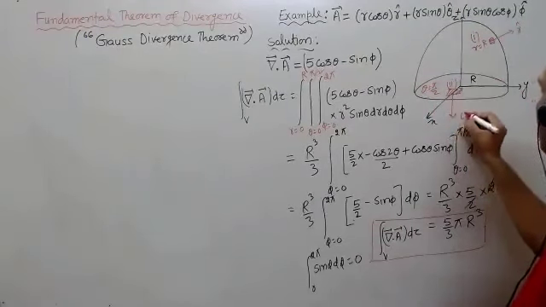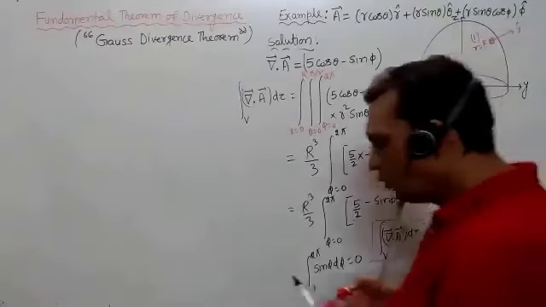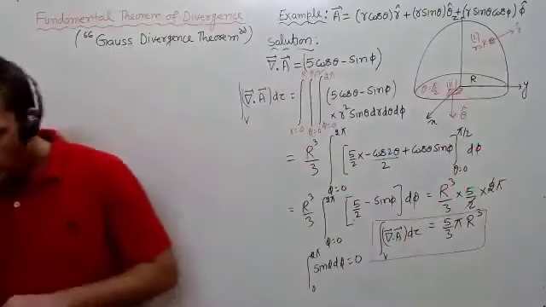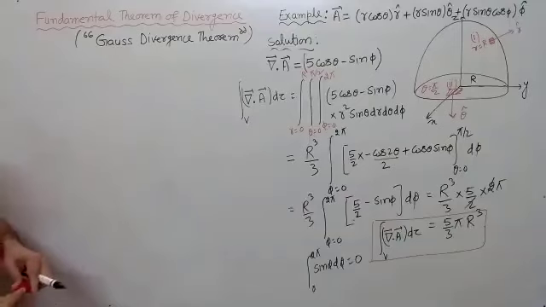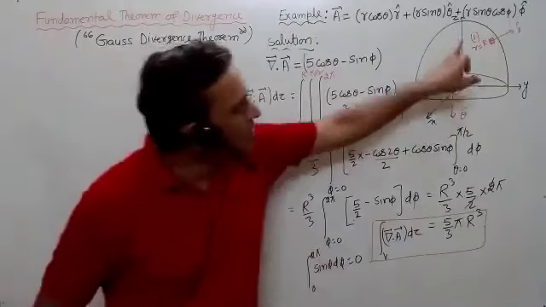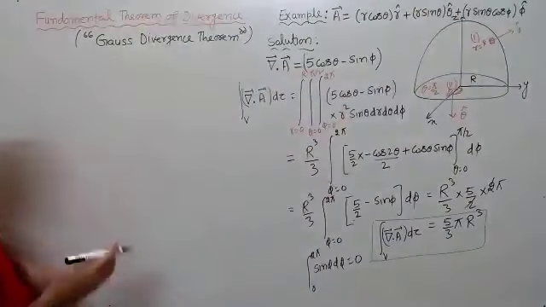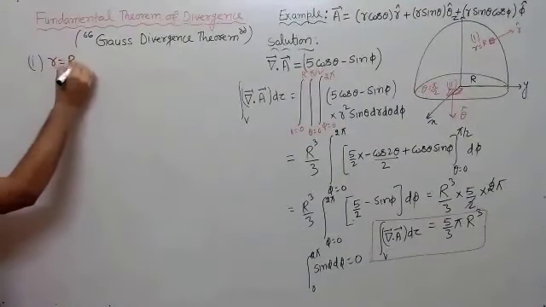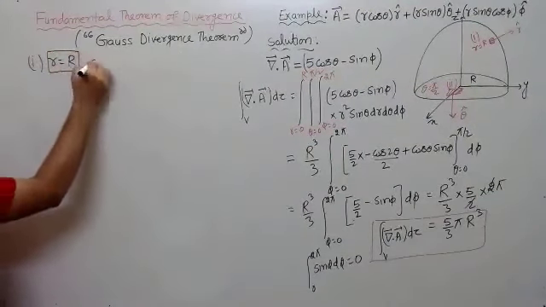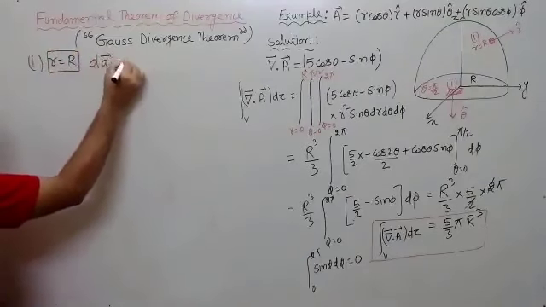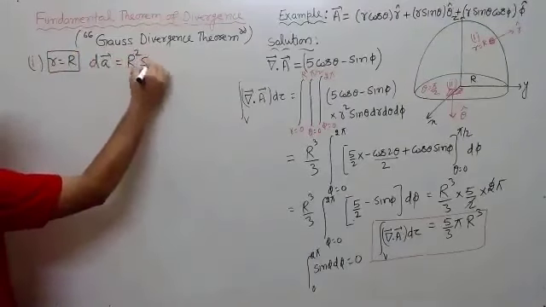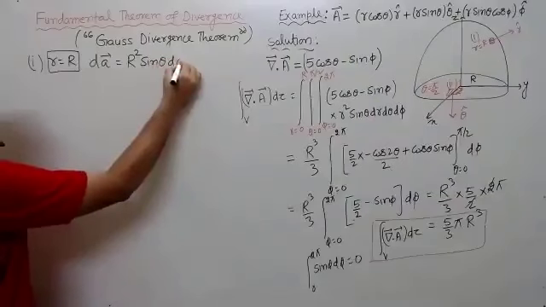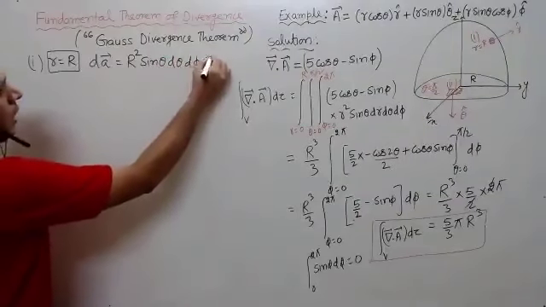This direction will be theta cap. So let us first calculate on surface 1. Surface 1 is r equal to capital R, and dA on this surface is r square sin theta d theta d phi r cap.